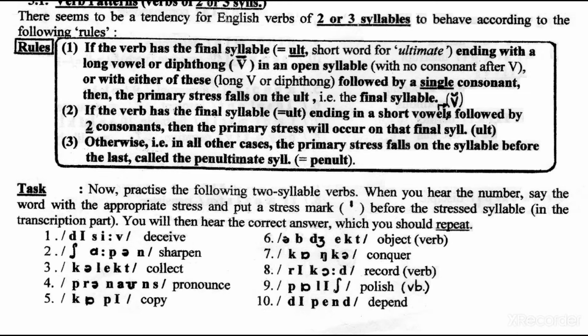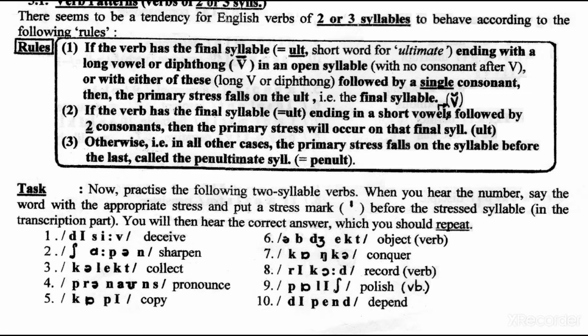I re-explain Rule 1b. If the last syllable of the verb or the adjective contains a short vowel followed by only 2 consonants, not 1, not 3, so short vowel plus 2 consonants, the primary stress will occur on the final syllable or the alt.